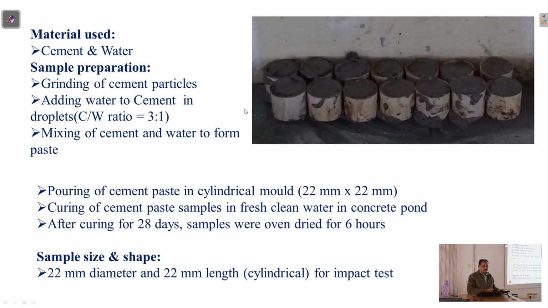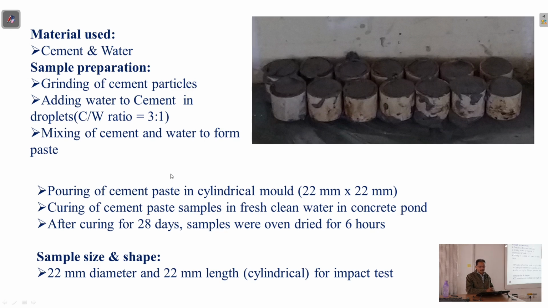And yeah, the cement to water ratio is 3:1. So, gradual mixing, and of course you might have seen the process of making such a thing many times. After mixing cement with water, that is placed in the mold for 24 hours, and thereafter these were soaked in water.